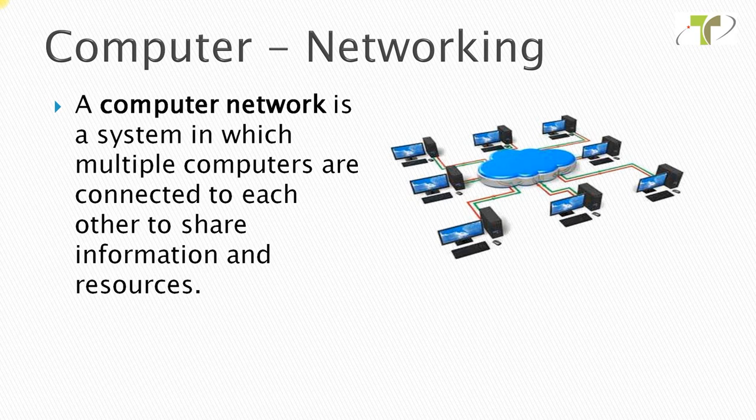If you have multiple sales entries, purchase entries, then we need a local area network. We need a networking of it. So a computer network is a system in which multiple computers are connected to each other. There is a server and the others are clients. You can understand that much, it's enough for you.